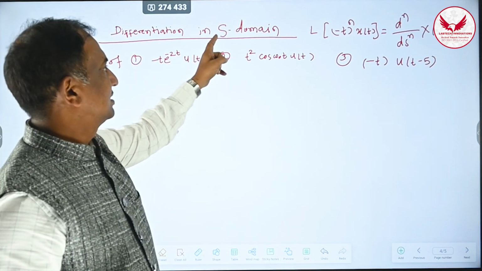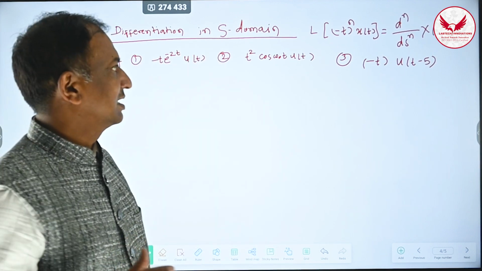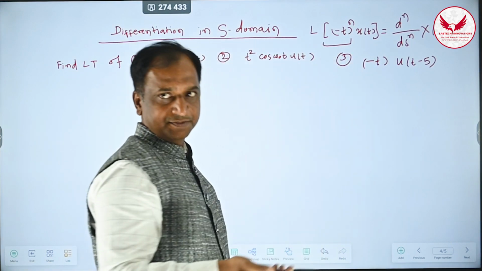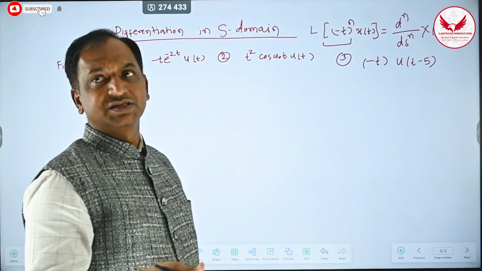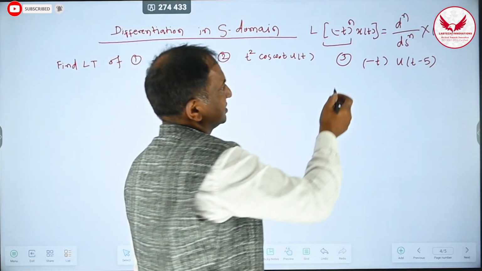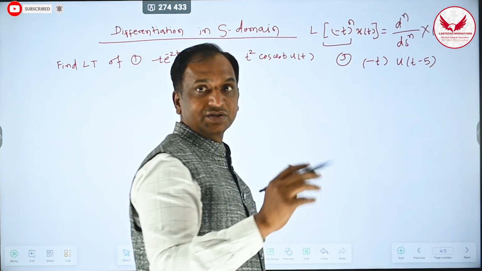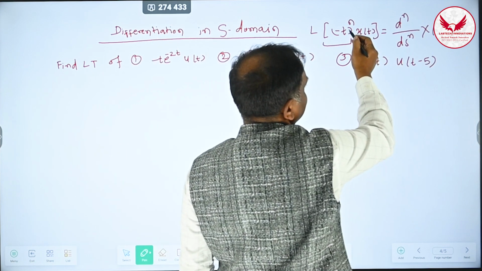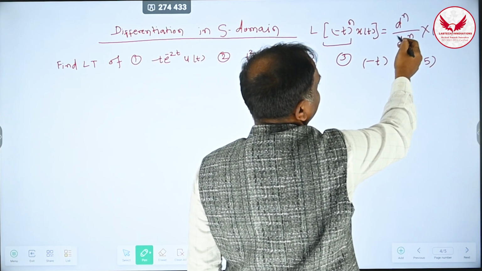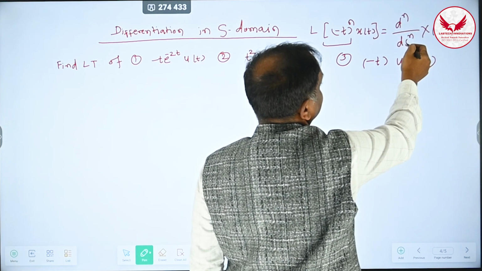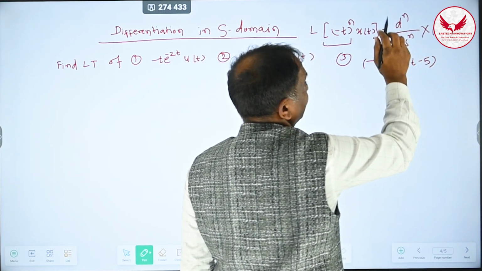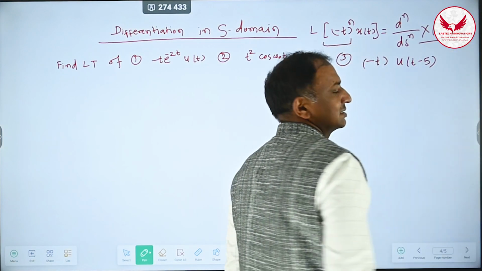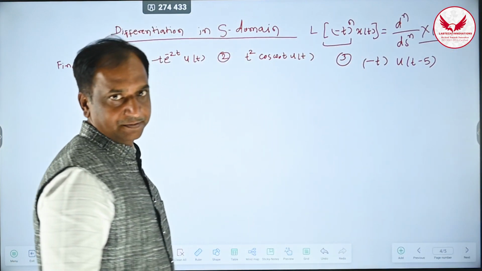Now differentiation in S domain indicates that if the signal is multiplied in the time domain by minus t, it may be minus t or minus t raised to n, depending on the order, the signal is differentiated n times in the S domain. So minus t raised to n x of t is equal to d raised to n by d s raised to n, differentiation of nth order in the S domain, of x of s, where x of s is the Laplace transform of the basic x of t.